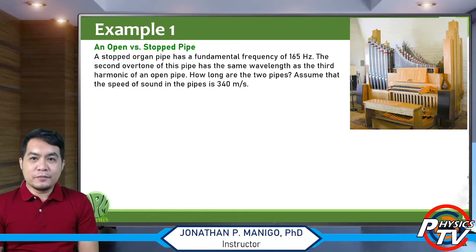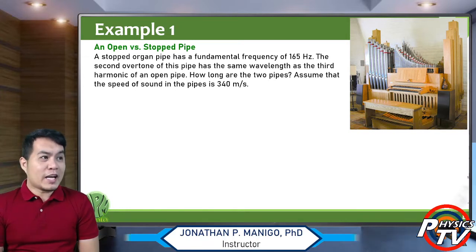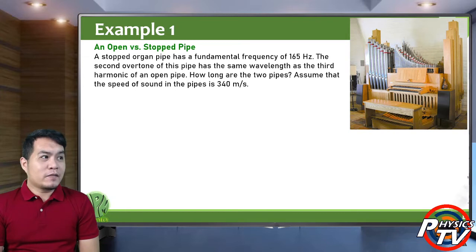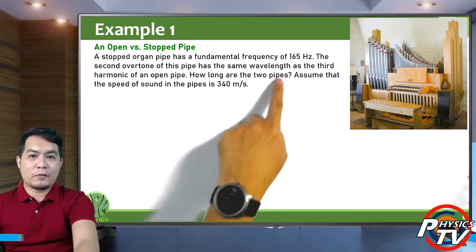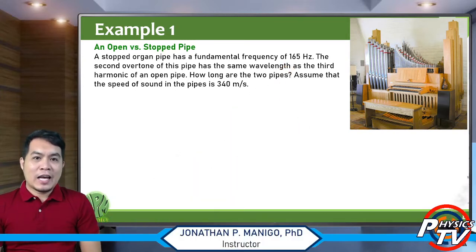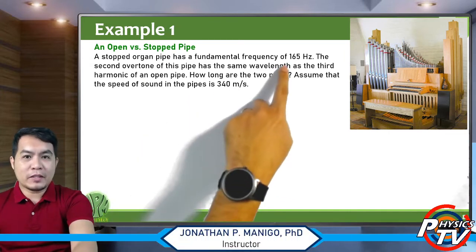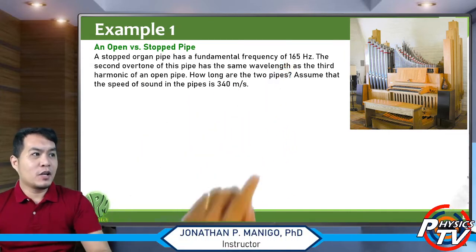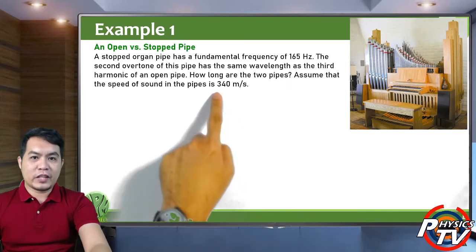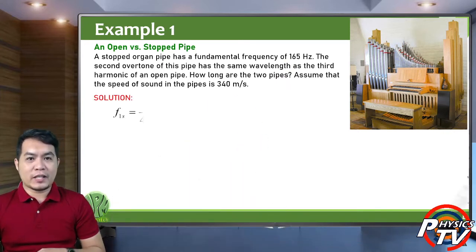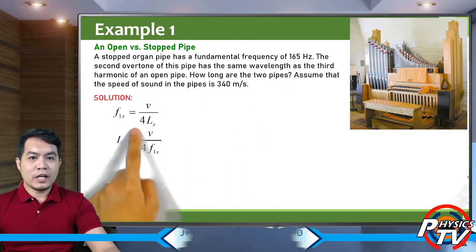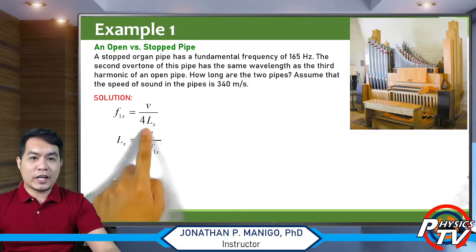We are asked for the length of the stop pipe with fundamental frequency of 165 hertz and the second, open pipe. For the stop organ pipe, we know the fundamental frequency, 165 hertz, and the speed, 340 meters per second. So we can solve for its length.